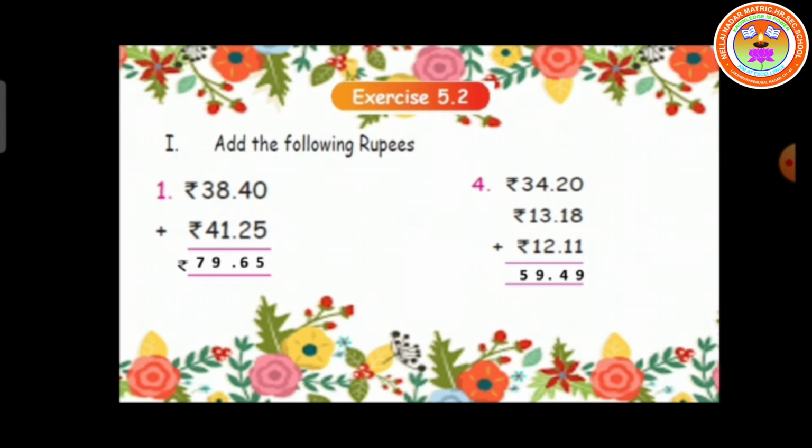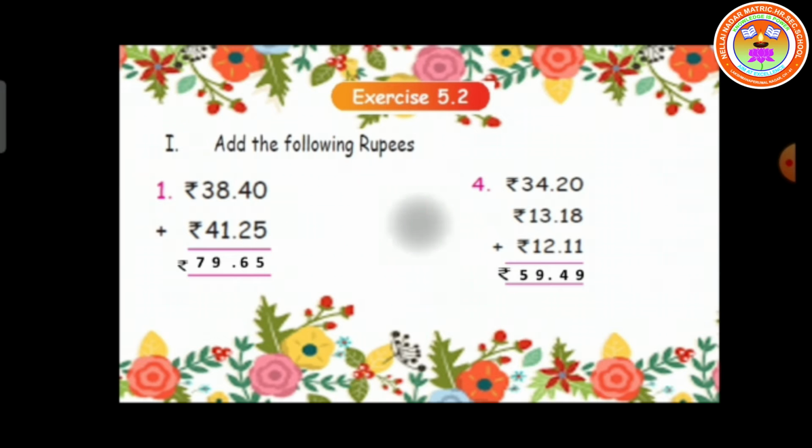Then rupees, 4 plus 3 is 7, 7 plus 2 is 9. Then 3 plus 1 is 4, 4 plus 1 is 5. So what is the total value? 59 rupees 49 paise. Students, the second and third problems are homework for you.